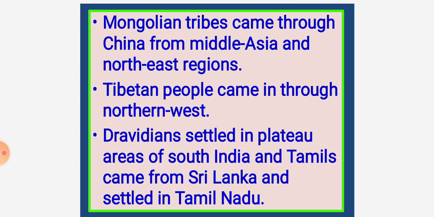Tibetan people came in through the northwest. Dravidians settled in plateau areas of South India, and Tamils came from Sri Lanka and settled in Tamil Nadu. So all these people of various castes, religions, sects came to India and settled here. Their existence affected Indian people, their culture, and brought a lot of diversity and variety in the lifestyle and culture of people of India.